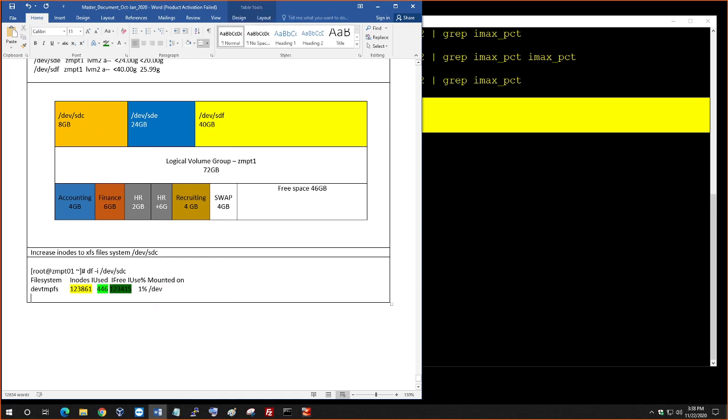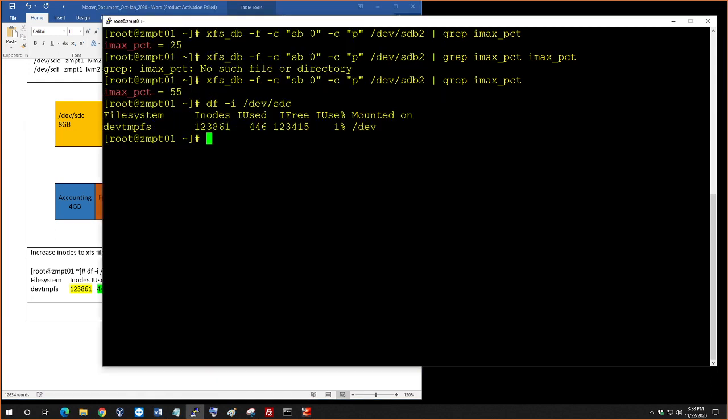Okay, so what I want to do is, in a scenario, all the inodes have been used up here, right? So what I need to do is find out this number, which is a percentage of maximum allowable, okay? So I need to find out the percentage, what it is using right now.